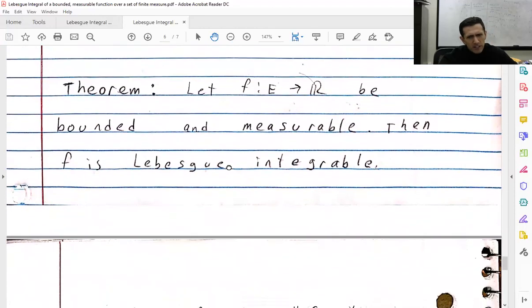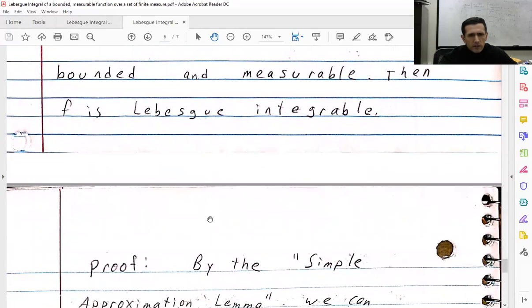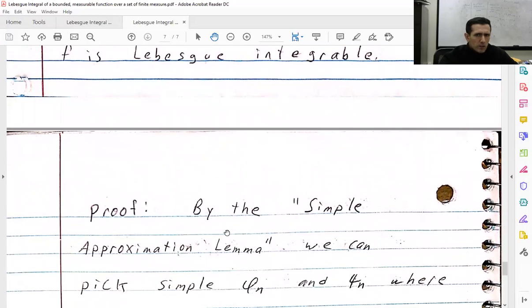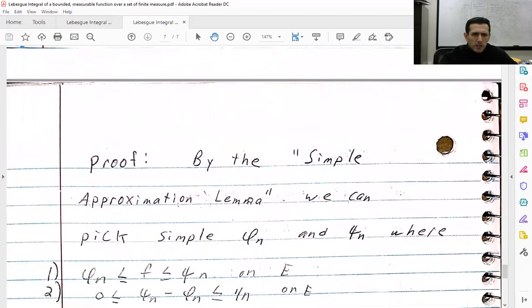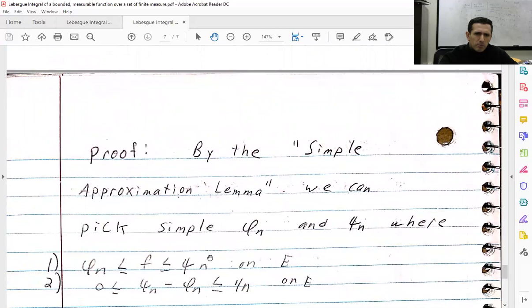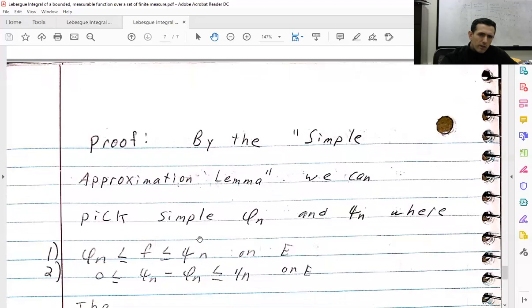And the proof is very easy. We've done all the work already. So let's use the simple approximation lemma. Particularly pick simple functions on E where the following is true. This is because f is measurable. All right.